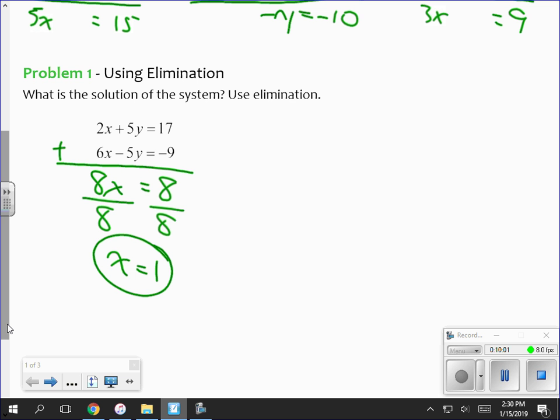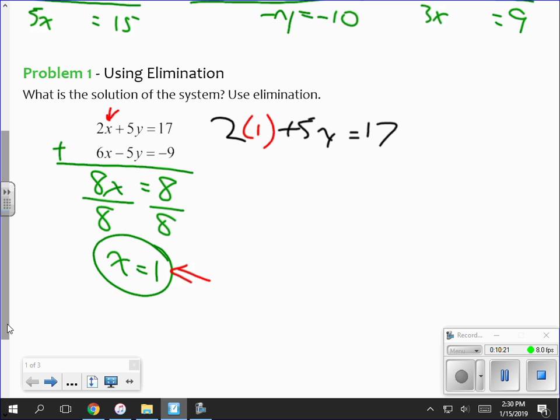So what you do is you take this that you got here and plug it into that. 2 times 1 plus 5y equals 17.